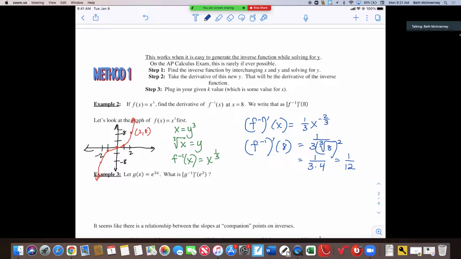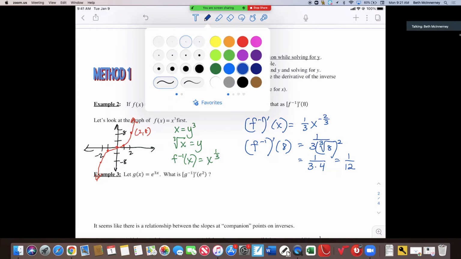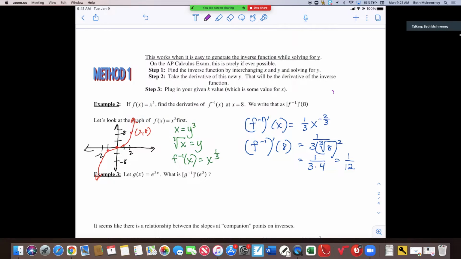All right, now I want to pause here a moment and tie this into the exploration. Could we, in fact, have found the derivative of x cubed, which is 3x squared, and then if I want to do the derivative of the inverse, it is the reciprocal at, instead of x is 2, on my inverse, or excuse me, thinking backwards here.